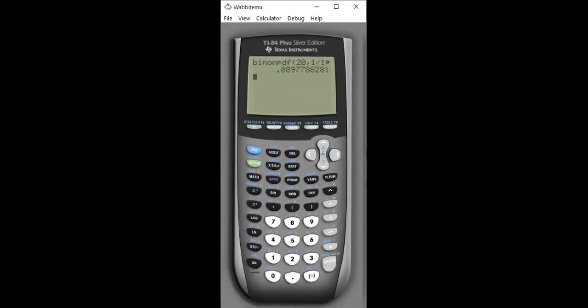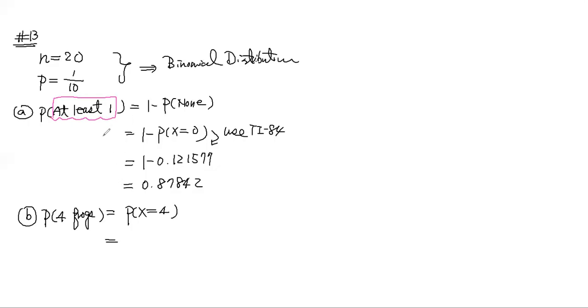So I'm going to leave here and go back to my whiteboard. So this answer here is 0.08978, right? So from here to here, you use the TI-84 calculator.